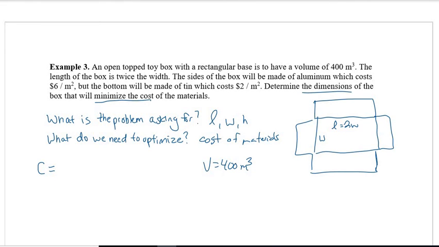So let's see. It's really hard to try and figure out a formula for cost right now. Let's start by plugging in 400 equals length times width times height. And we said that length is equal to 2 width. So 2 width times height equals 400.